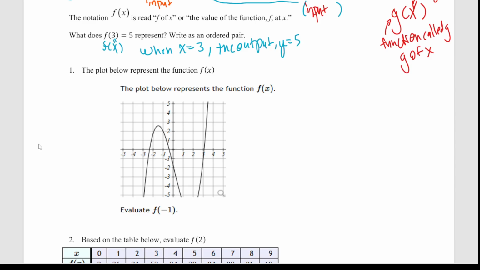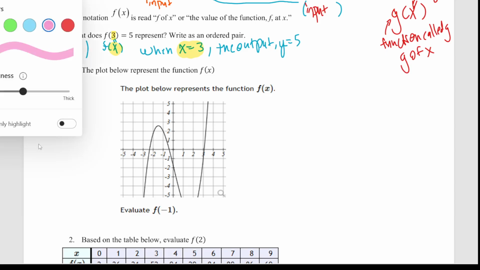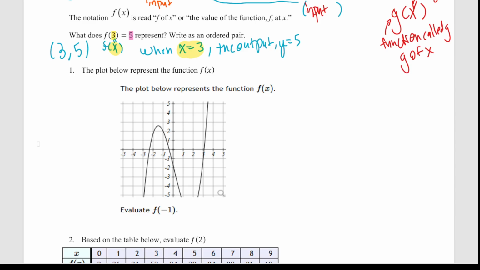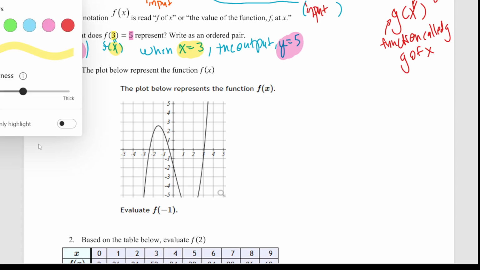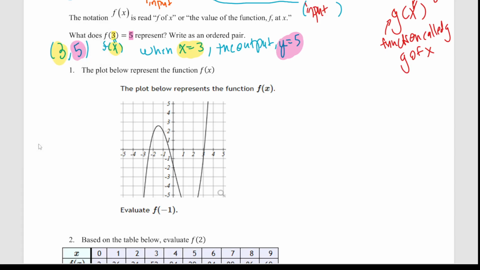So that would be the ordered pair 3, 5. So again, wherever that input is, in this case 3, that's taking the place of x, so that's telling you when x is 3. And then the output is this 5, so that's telling you the output is 5. That's really where those numbers come from. And then the function also happens to be called f, since that is that first letter out front, so that's the name of the function.